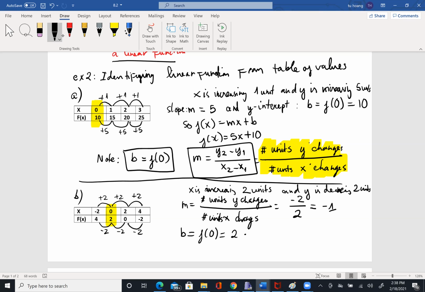So you will have f of x equal to mx plus b, which now is -1x plus 2. And that should be linear. That has to be the form of linear, right?